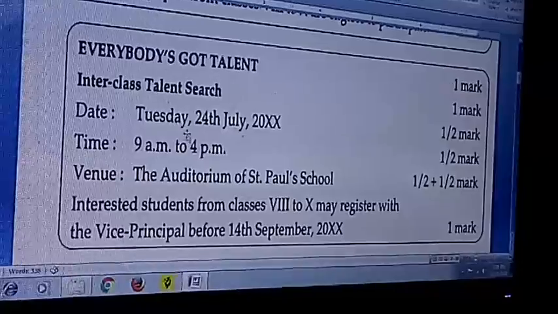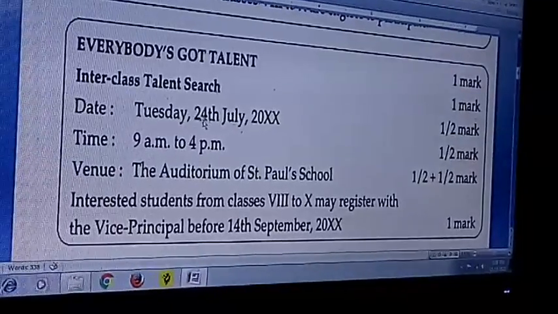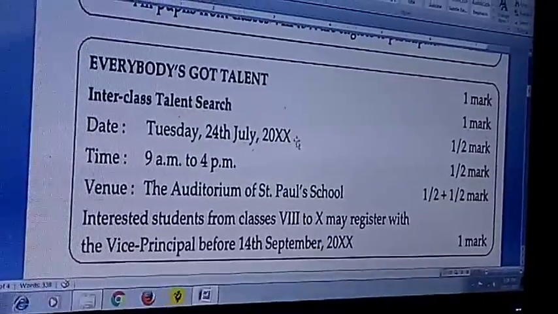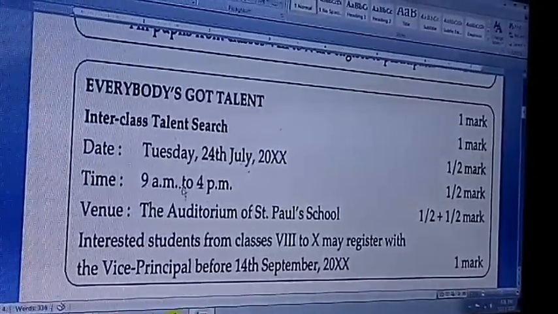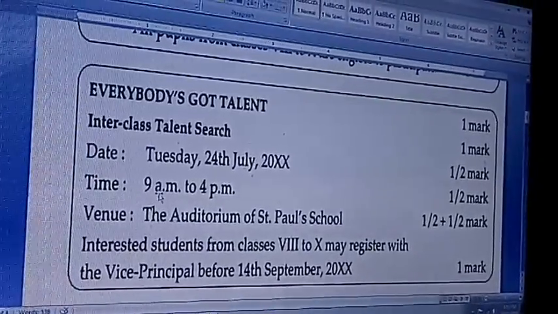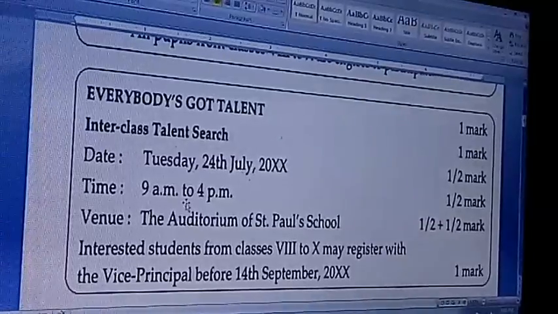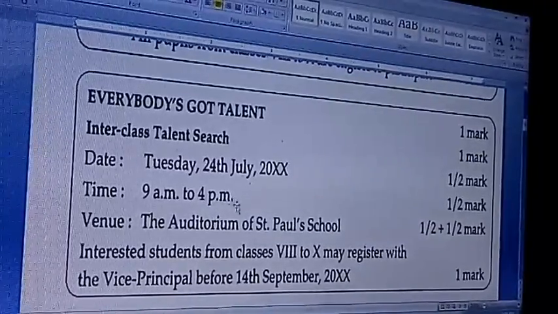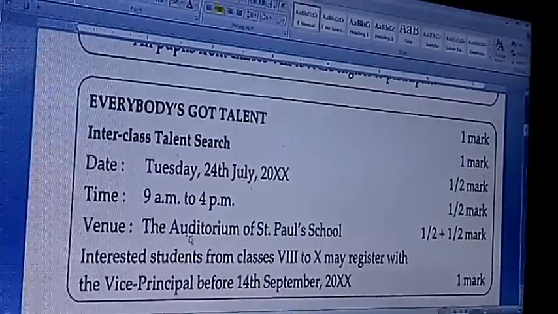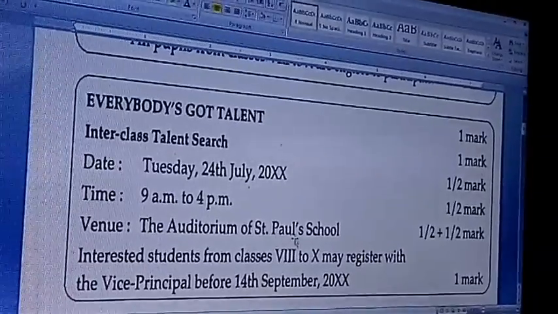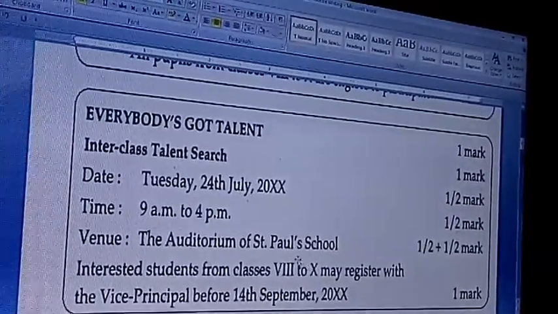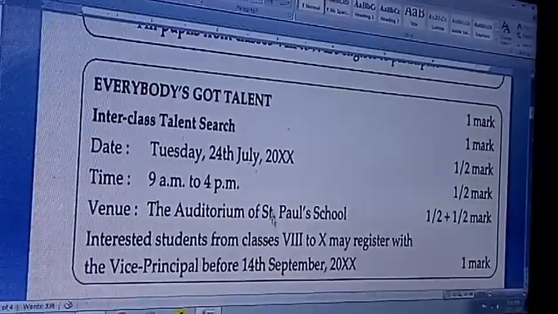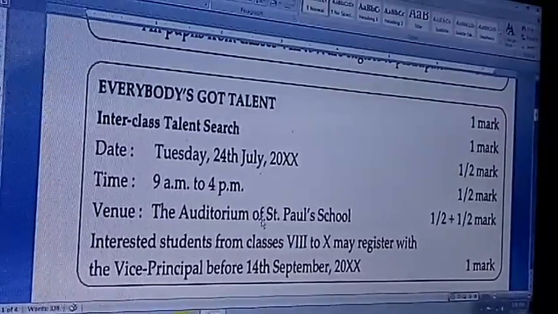You can put the day also, then a comma, then 24th July, and at the end a dot is not required. Time is 9 a.m. to 4 p.m. See again, a dot m dot in small letters, p dot m dot in small letters. And the venue: the auditorium of St. Paul's School. The comma is not given because in the place of the comma, 'of' is written.